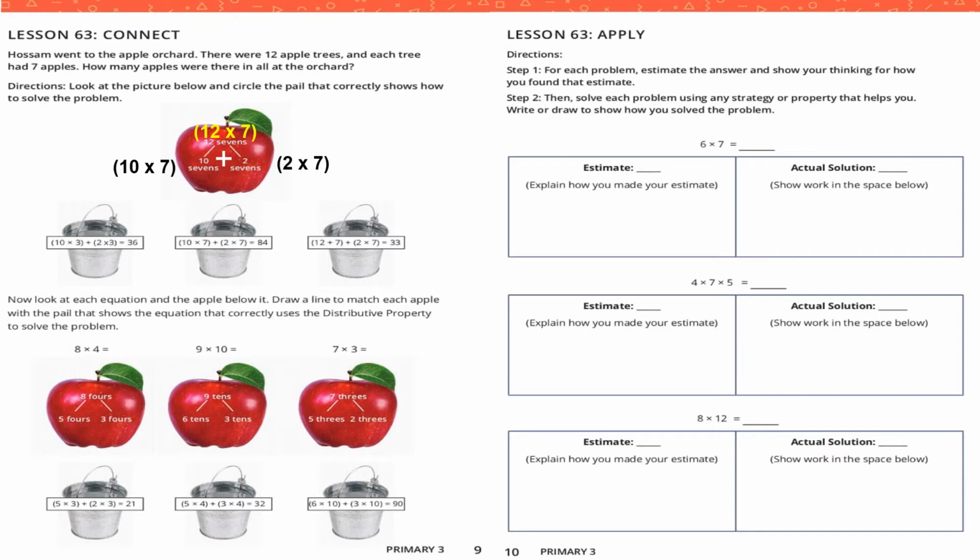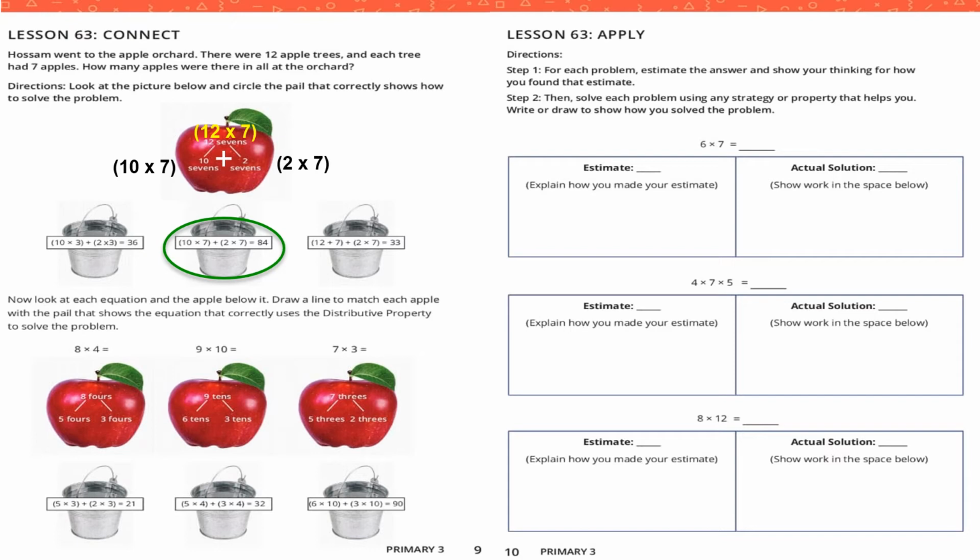Is it correct? Yes, sure, it's correct. The third one, 12 plus 7 plus 2 times 7. No, it's very wrong. I have here in the first bracket plus, and in the second bracket I have times, so it's wrong, okay? So the correct pair is the one in the middle.